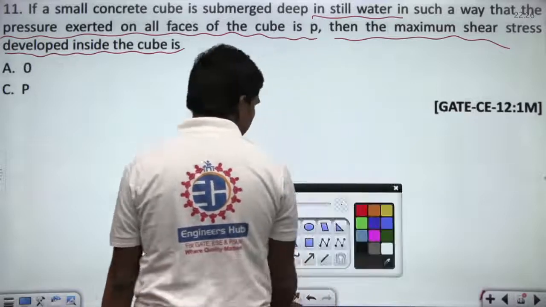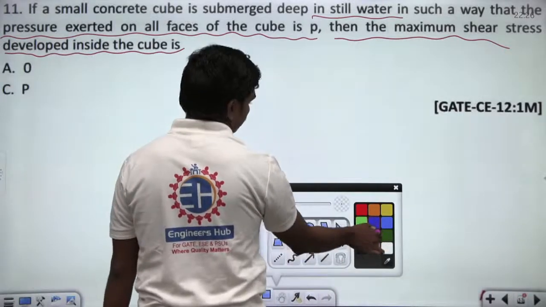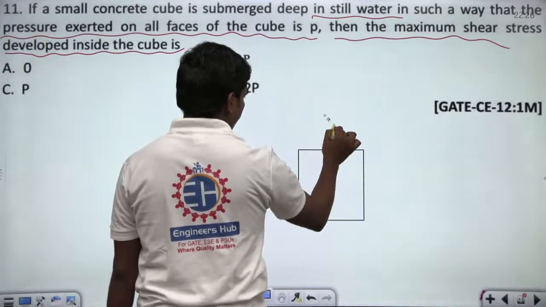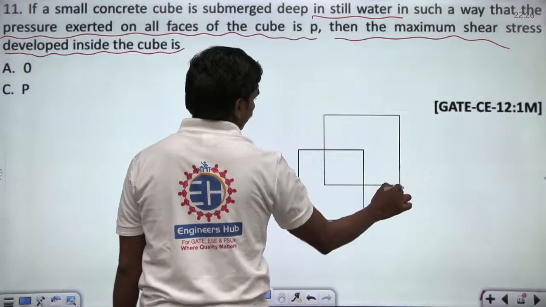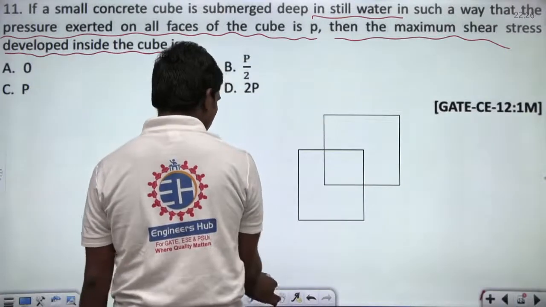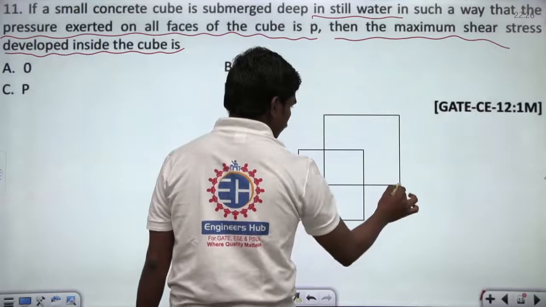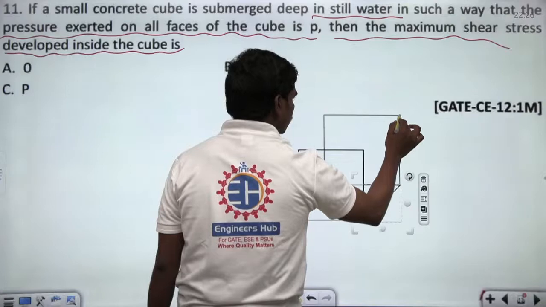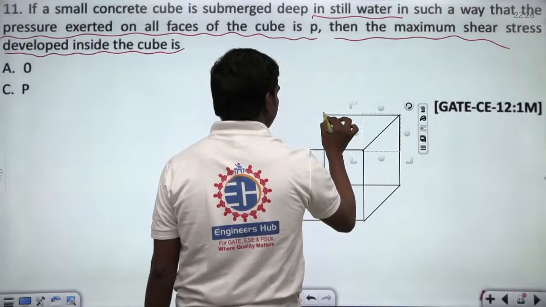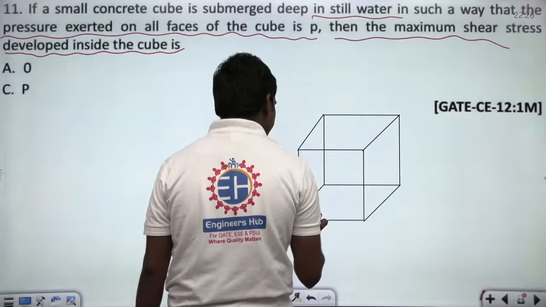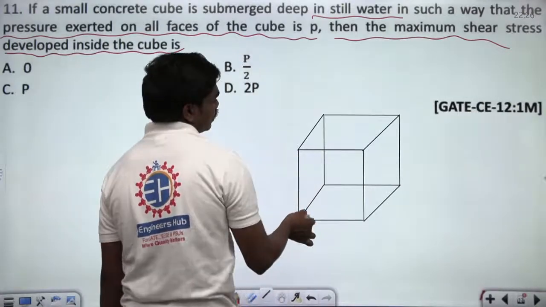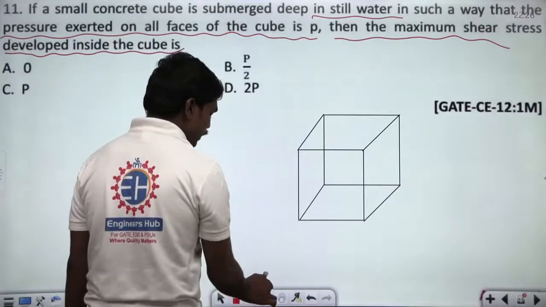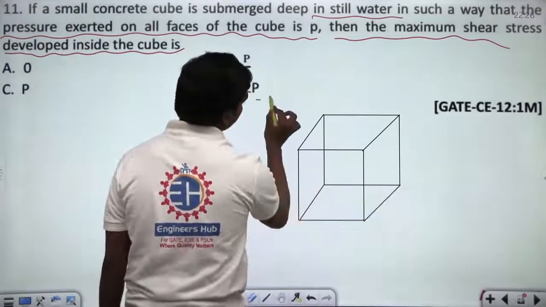Look, what they are trying to tell you, see here. There is one cube, and it's a small cube actually. It's a very small cube, so the length of the side can be neglected in general. This complete cube is in a bulk of static fluid.